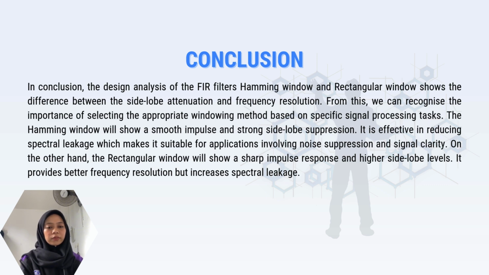It is effective in reducing spectral leakage, which makes it suitable for applications involving noise suppression and signal clarity. On the other hand, the rectangular window will show a sharp impulse response and higher side lobe levels. It provides better frequency resolution but increases spectral leakage.